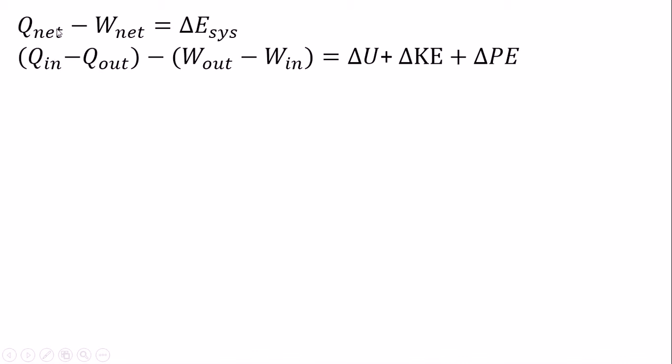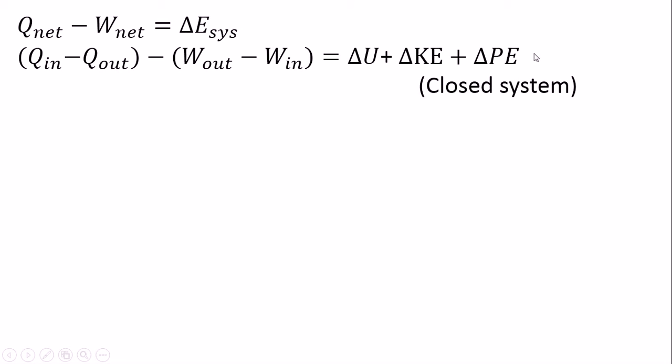Okay, Q net, be careful: heat in minus heat out, while W net, the net work, is work out, or what we call work done by the system, minus work into the system. Again, I repeat, W net is nothing but work out, or work done, minus work in, and the right-hand side should be similar to the previous.